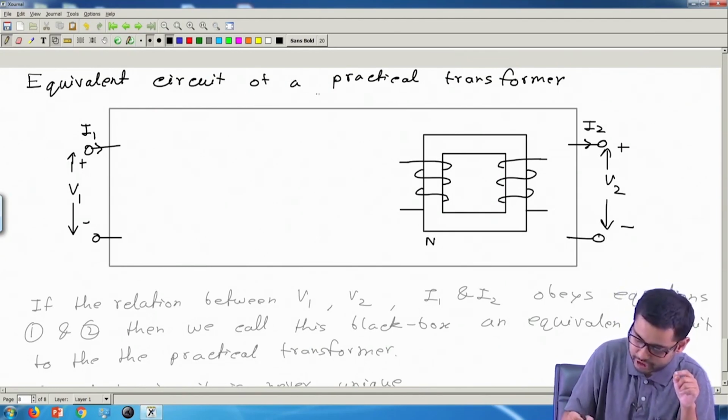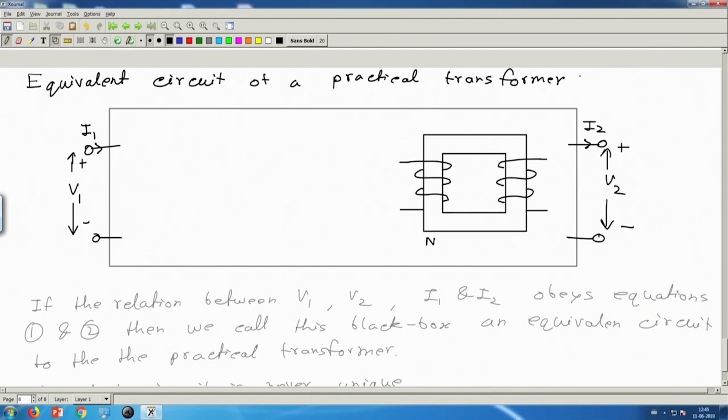So the equivalent circuit of a practical transformer with turns ratio N1 by N2 equal to, say, A, given. I'll write an equivalent circuit because this is not unique.